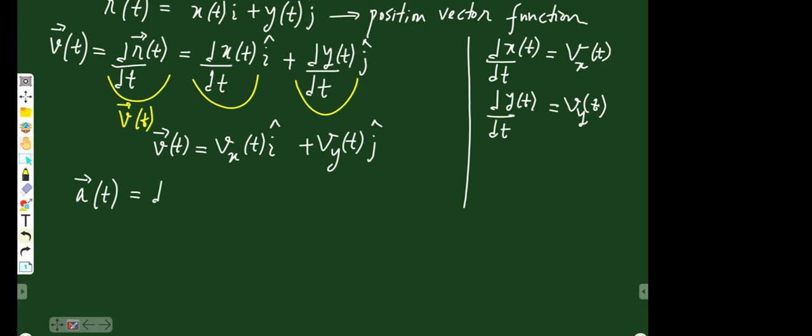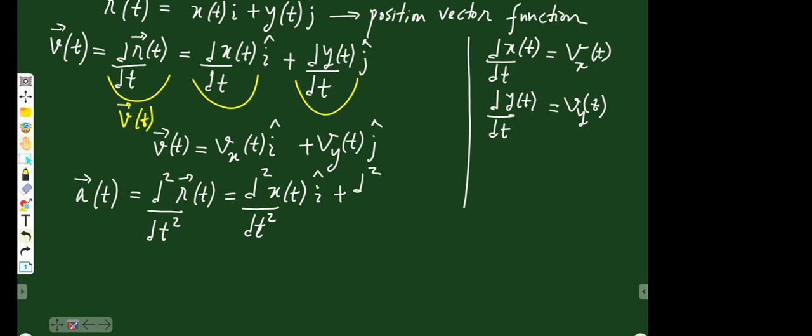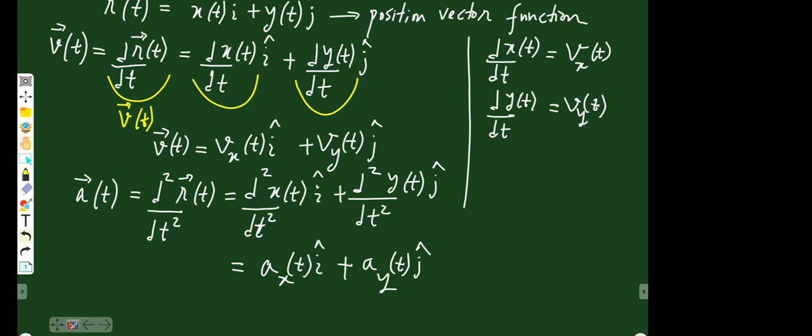That would be d squared/dt squared of r(t), and that would be the second derivative, right, of x(t) i plus the second derivative here of y(t) j. So if you do that, this is going to be a in x direction as a function of time, plus this is going to be a in y direction as a function of time, and that is j. So this is in general, it's a.